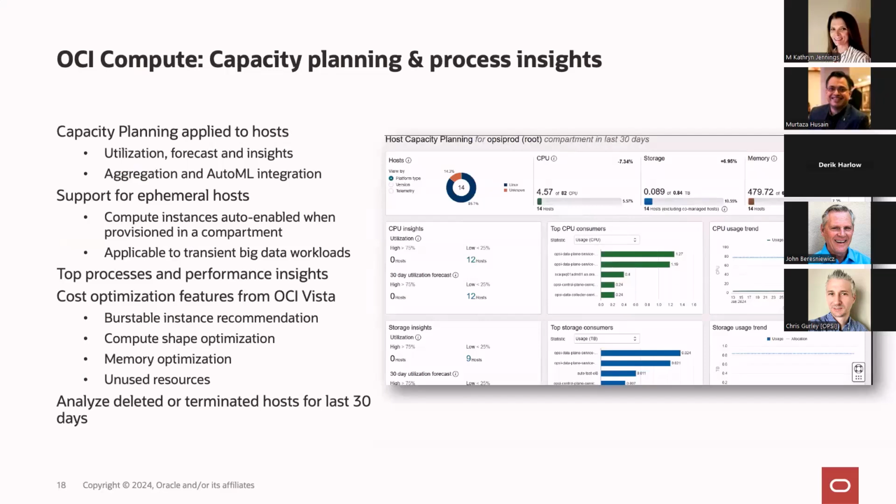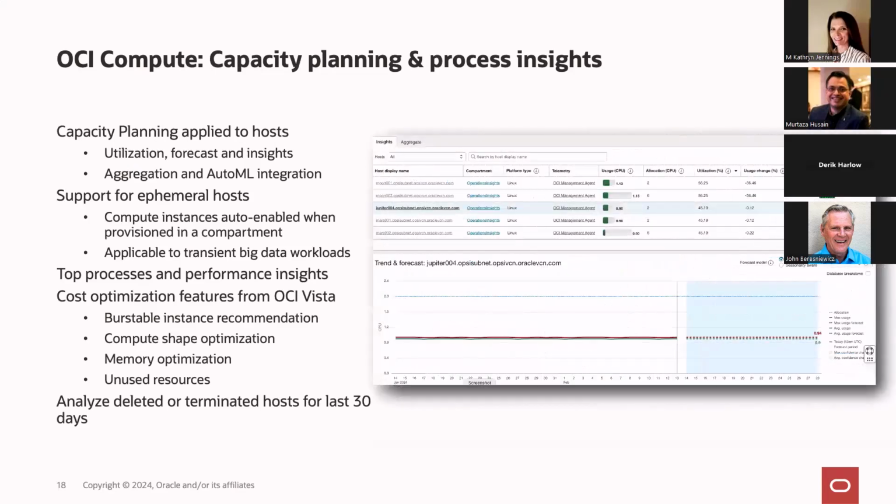It gives you an aggregate view of CPU, storage, memory, and I/O with insights across those measures shown below. The main use case we are supporting is ephemeral host and compute instances, which are applicable to transient big data workloads, where instances are being auto-enabled and disabled within the compartment. That is one of the use cases supported by host capacity planning.